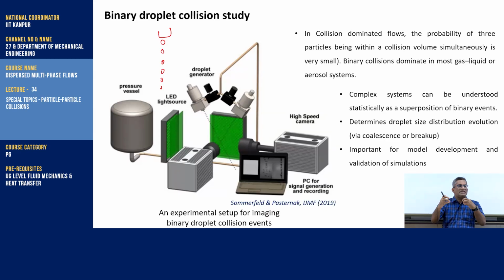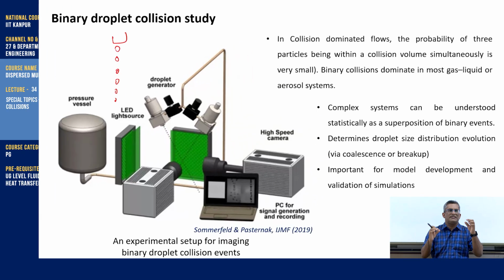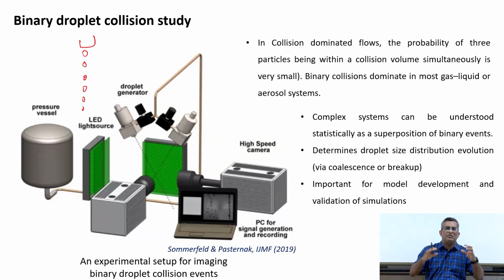We can change the droplet size, the droplet velocity, and also the angle between them, and look at the outcome of the collision using a high speed camera. In this way we can understand complex systems as a superposition of binary events. Many binary events are taking place, and finally what we see is a combination of all these binary collisions. This is very important for model development and validation of simulations.